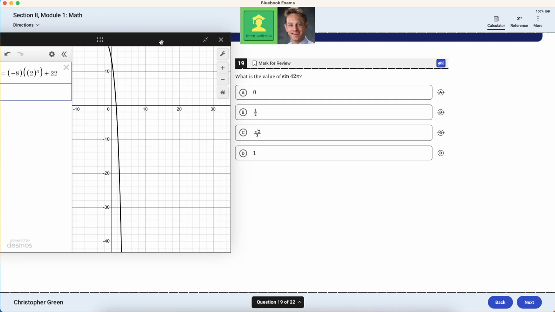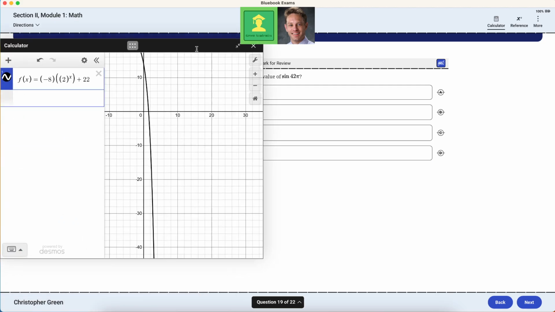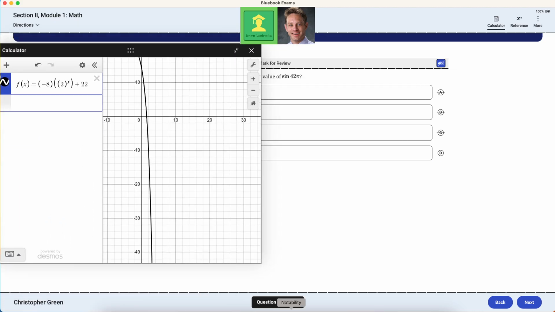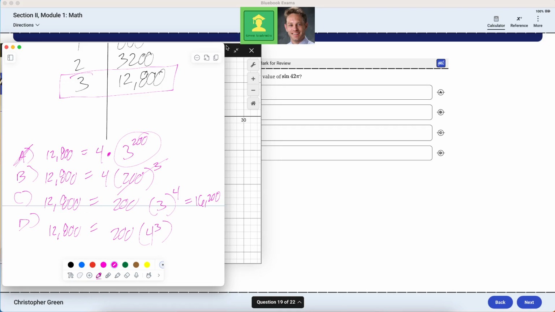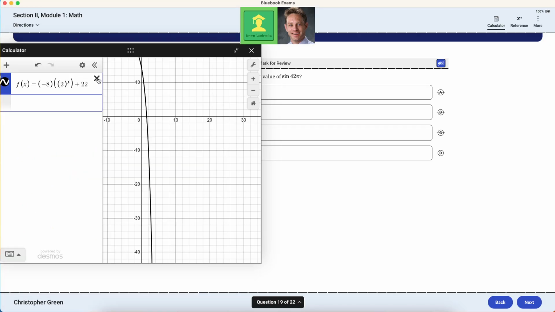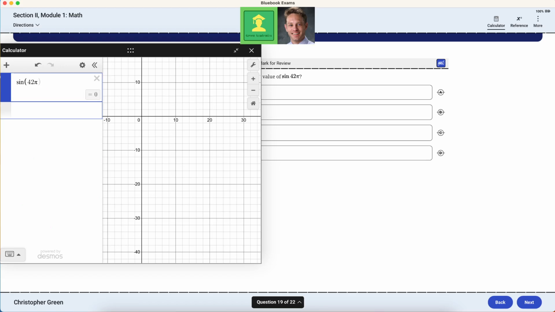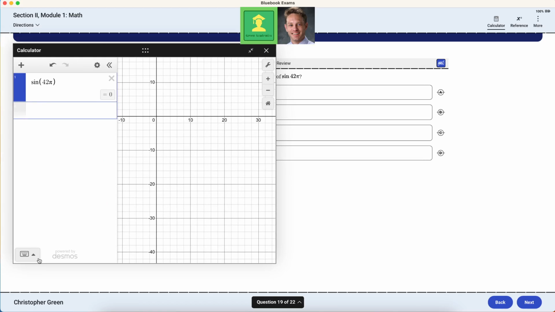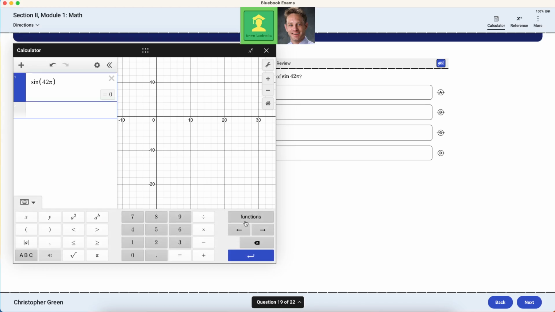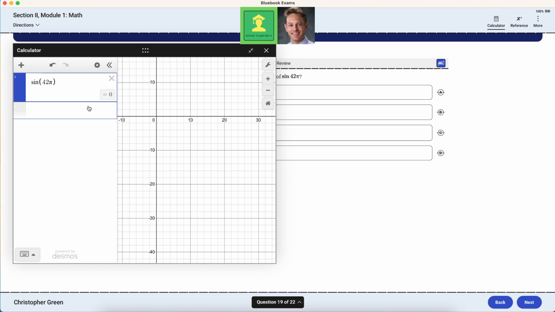What is the value of sine of 42 pi? Okay, so now you're in the realm of trigonometry. Now, I believe you could simply put this into Desmos. You just have to understand how to put it in correctly, and, well, 0 is the answer.